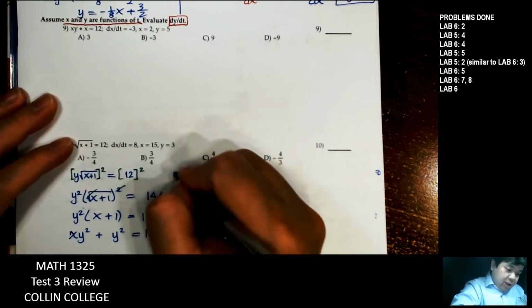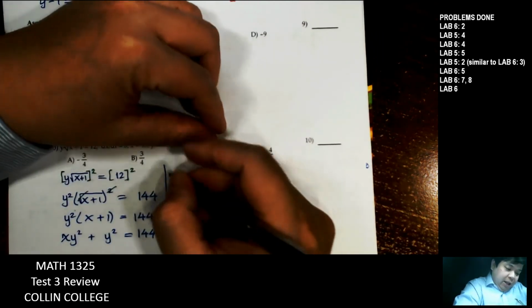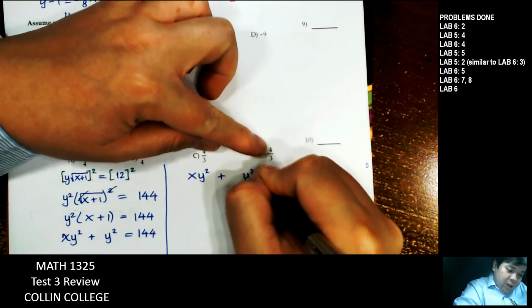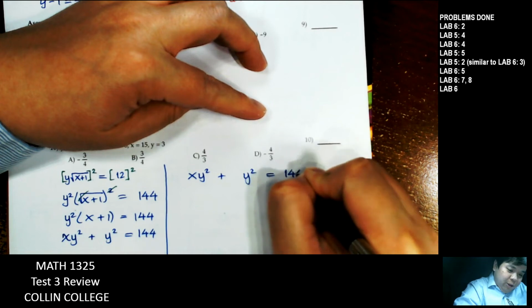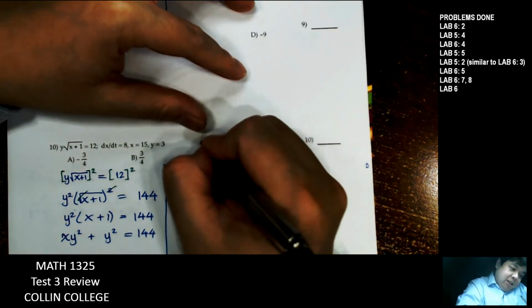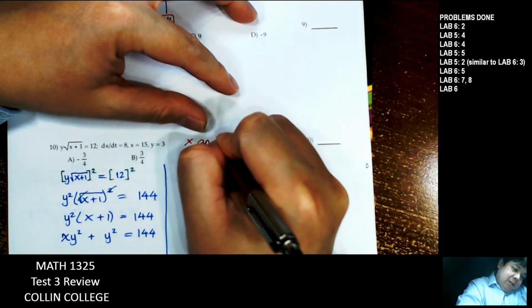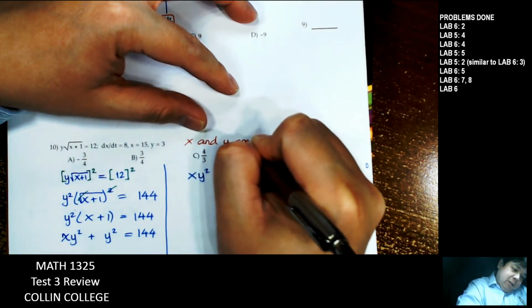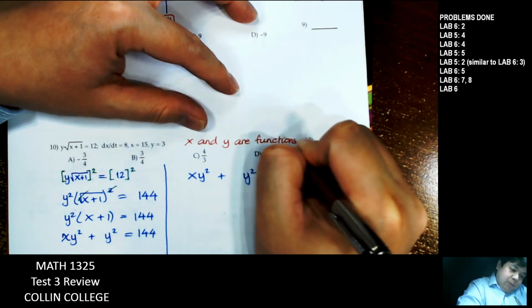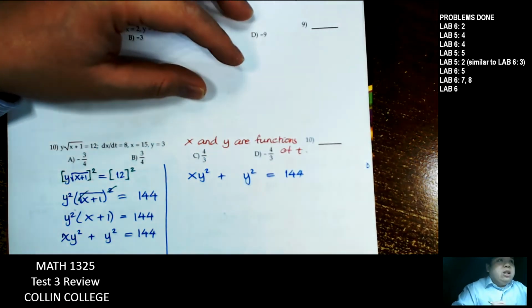Meaning that every time we take a derivative, for x we stick in dx over dt, for y, dy over dt. So I'm going to write the derivative on this side. Now we have xy squared plus y squared equal to 144. And once again, x and y are functions of t.